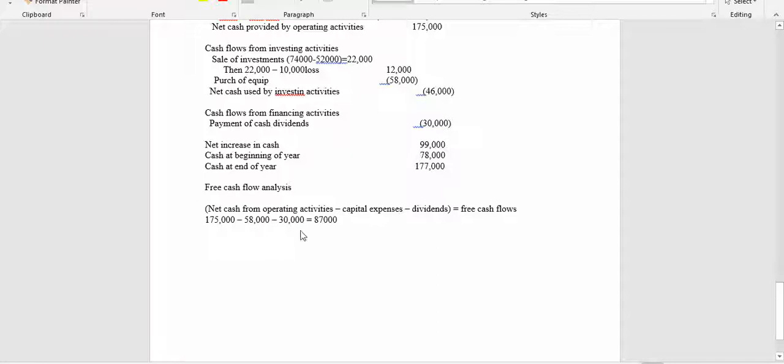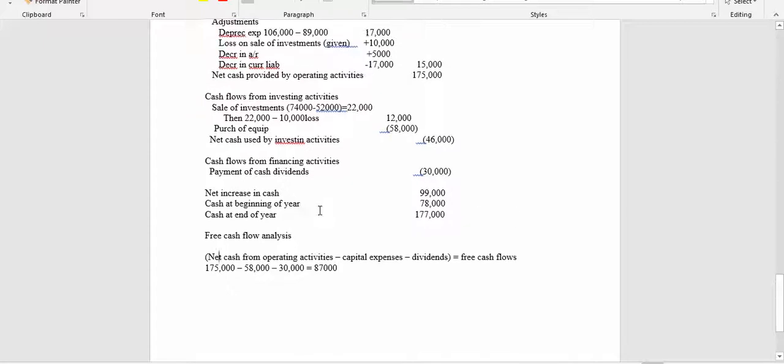The only thing else we have left is something called free cash flows that they want us to do an analysis for. Free cash flow is net cash from operating activities, so that's 175, minus any capital expenditures, a big ticket item like equipment or buildings you bought. We did buy equipment of 58, so you subtract that, and then you subtract dividends. We had a dividend of 30. So free cash flow is 175 minus 58 minus 30 equals 87.